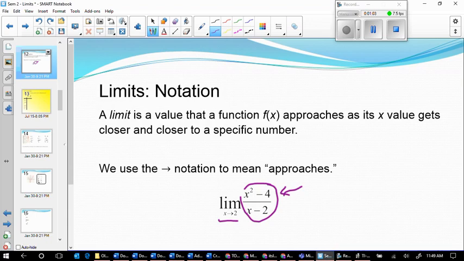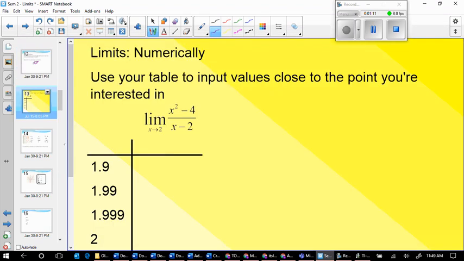Now, different ways that we can take a look at this are both numerically and graphically. So we're going to start with numerically. To do it numerically, we're going to use a calculator to help us. We're going to use the table in our calculator to input values that are close to the point that we're interested in. In this case, I want x to approach 2.